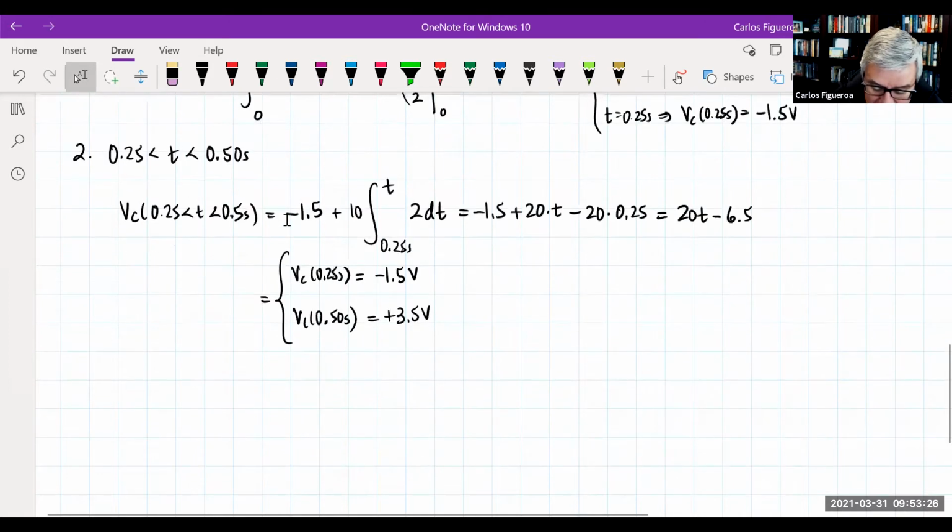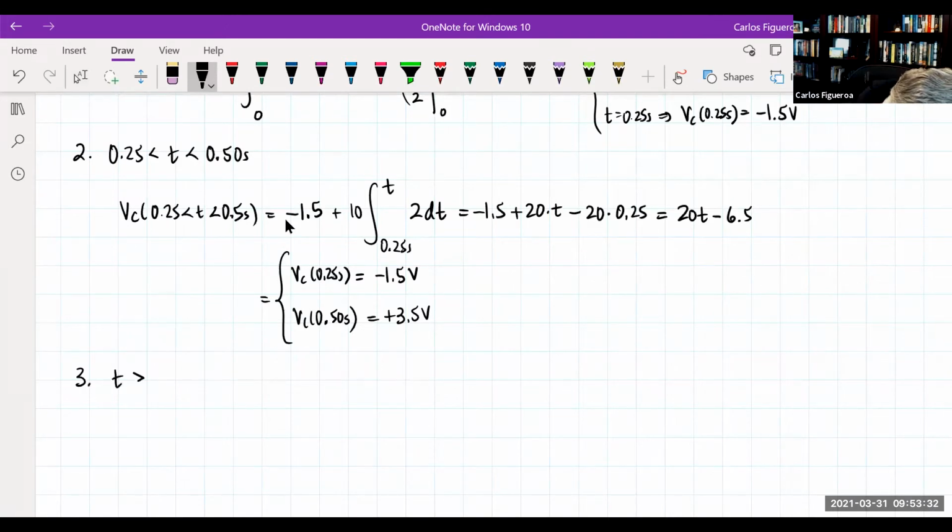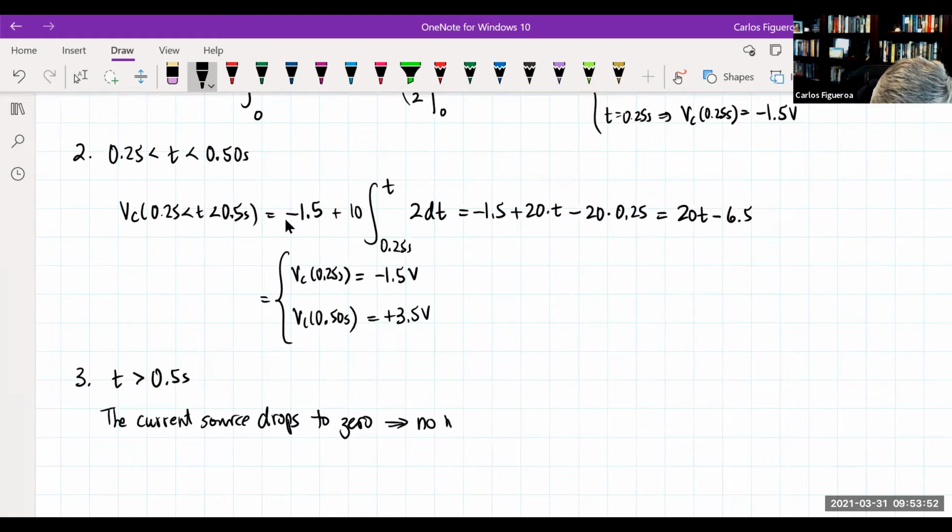And so the last thing here is what happens in this last case, where t is greater than 0.5 seconds? Well, what we would expect here is that the current source drops to 0. So that means that you have no more flow of positive charge.